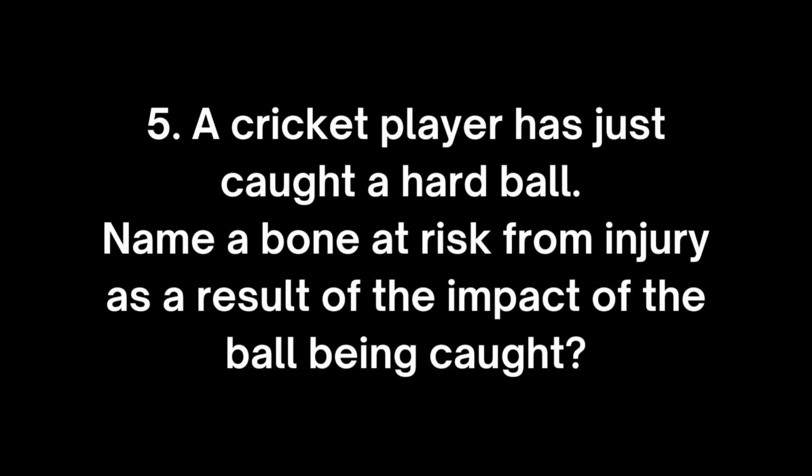A cricket player has just caught a hard ball. Name a bone at risk from injury as a result of the impact of the ball being caught. Now take the time to check your answers.